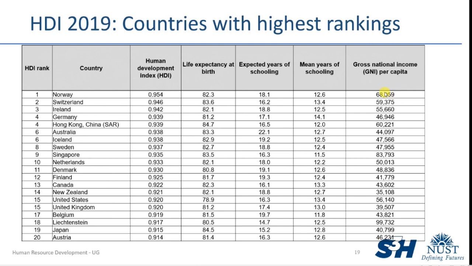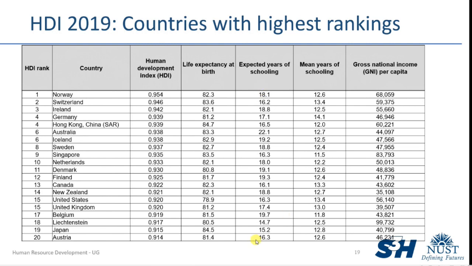See, if you rank these 20 countries, it's even higher for Liechtenstein here, 99,000. So when you rank these 20 countries according to GNI, Liechtenstein will be the first country, but it's at number 18 because in terms of expected years of schooling, it does not do as well as Norway.